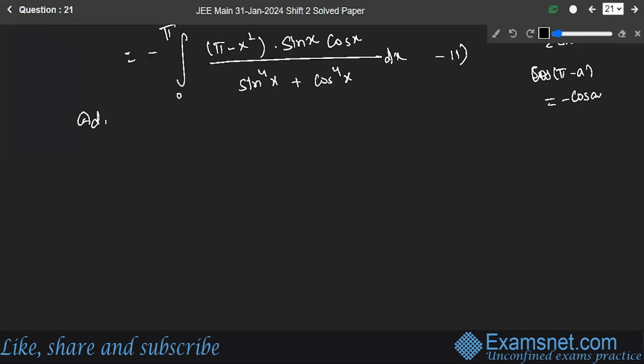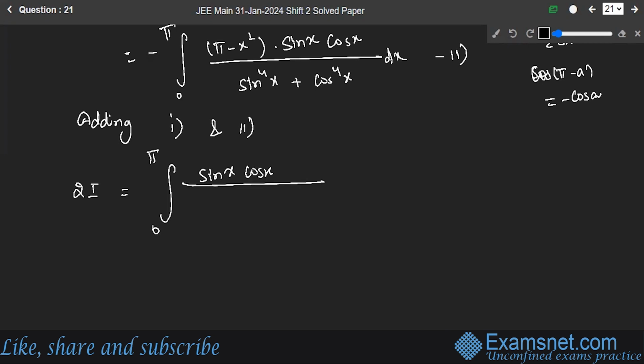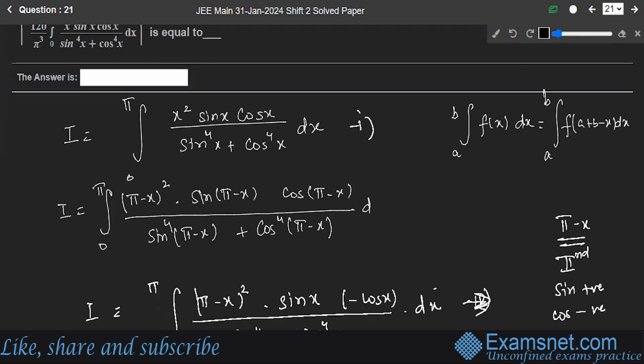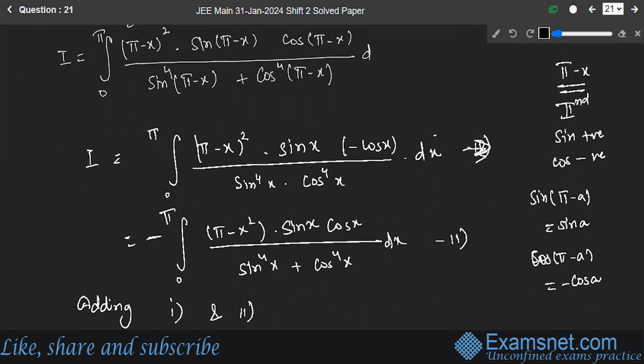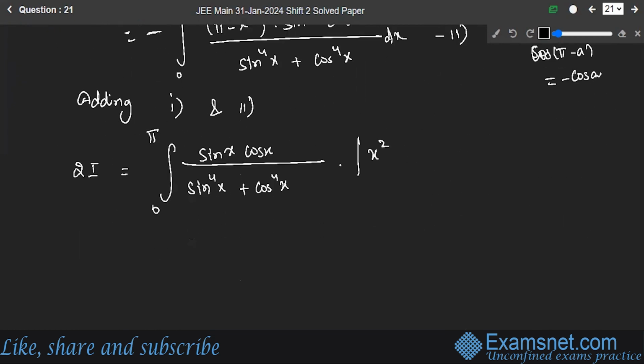Now I take 1 and 2. You will have 2I is equal to limit 0 to pi sine x cos x upon this. This is common in both of them, so I will take it common, multiplied by, here was x square. See, in this one, it was x square. And here you are having minus of pi minus x square.